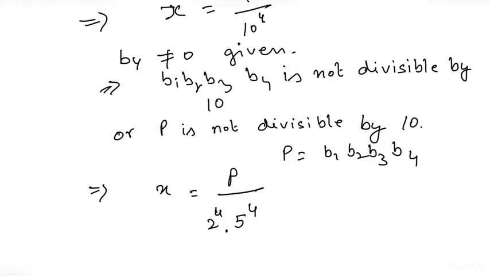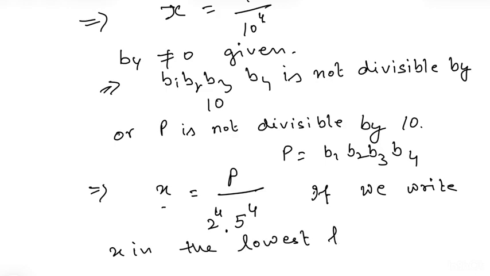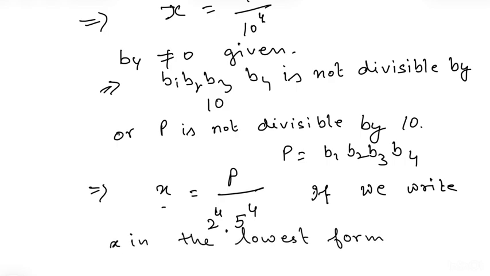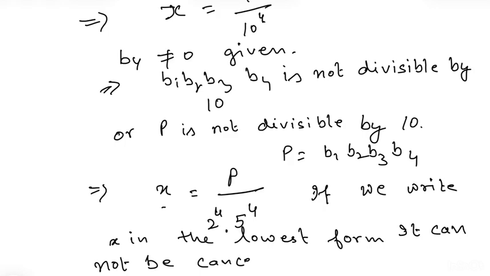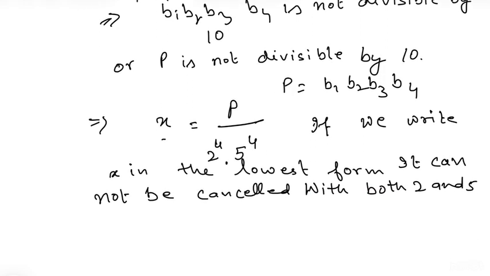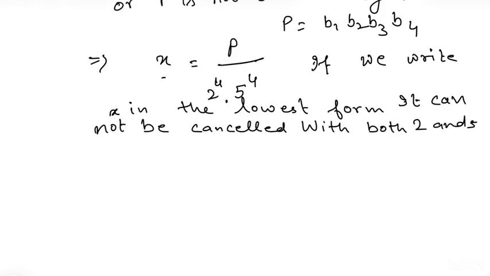So this is proved first, we showed x could be written like this, and if we write x in the lowest form, it cannot be cancelled with both 2 and 5. क्यों नहीं कर सकता? Because 2 5s are 10 और 10 से वो divisible नहीं है.